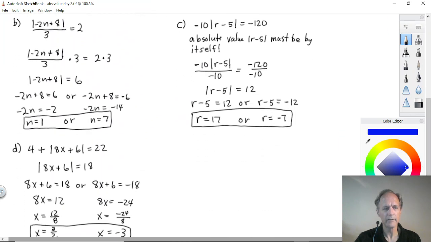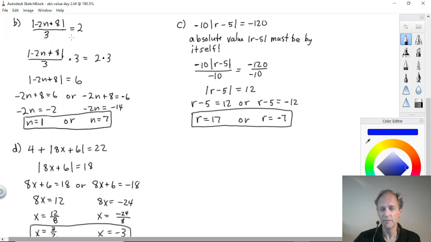So we have the absolute value of negative 2n plus 8, divided by 3, equals 2. Well, our absolute value is not by itself, it's divided by 3. We want it to be by itself. We need to get rid of that 3. Since it's divided by 3, we multiply both sides by 3.